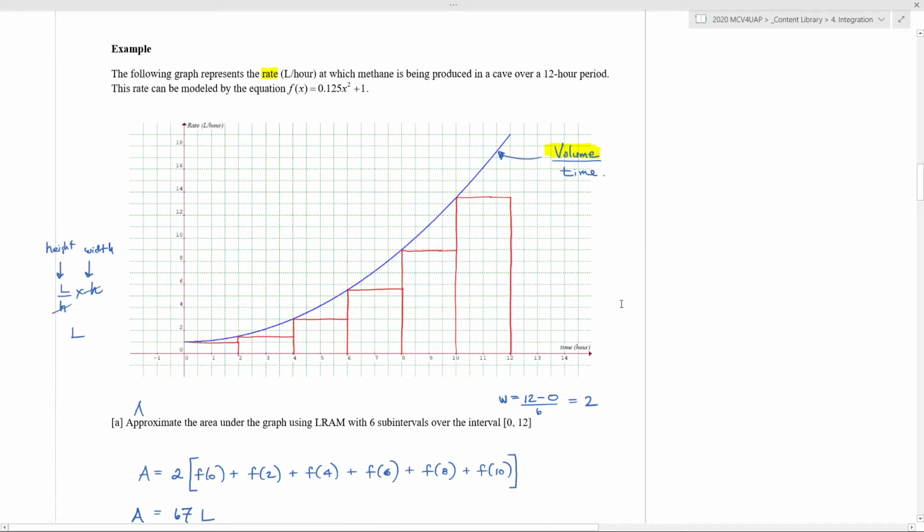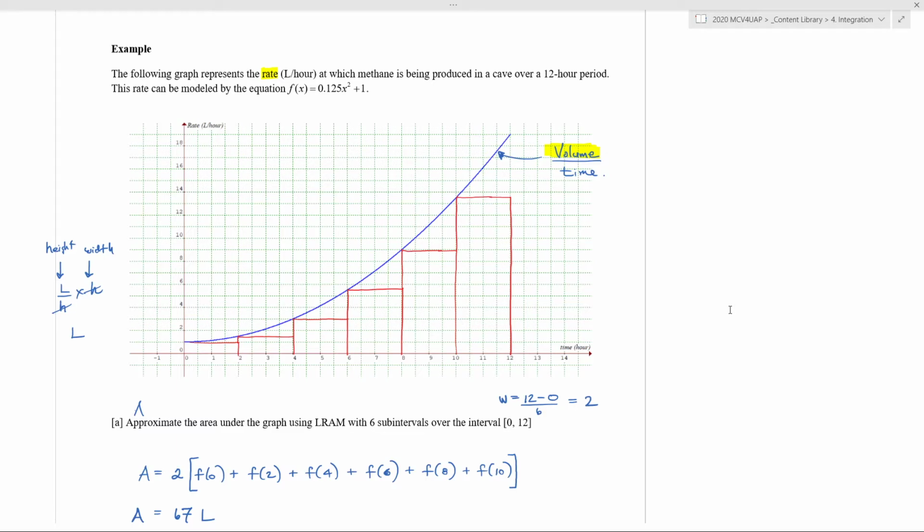Again, we have a rate of change graph, which is a derivative graph. Derivative of what? Well, in this example, we have a rate measured in liters per hour. It's the rate at which the methane gas is being produced in a cave over a 12-hour period.